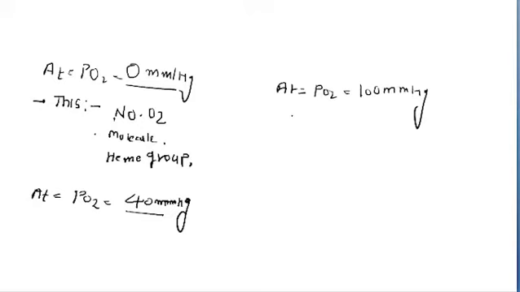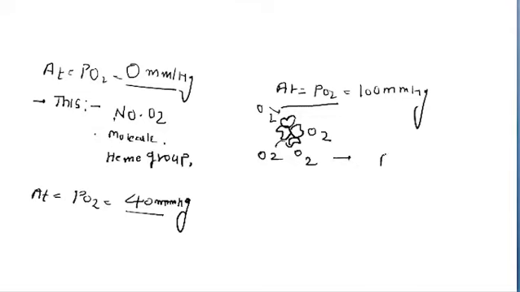When we talk about a pressure of oxygen of 100 mmHg, at this time all 4 heme groups get saturated with the oxygen molecule.